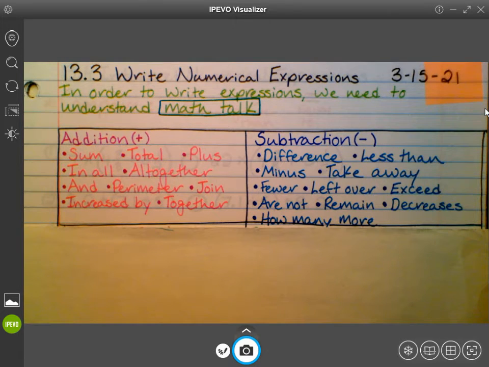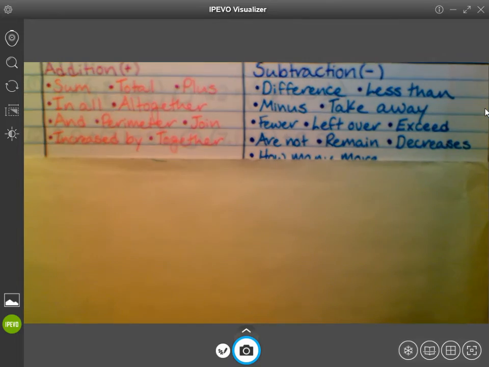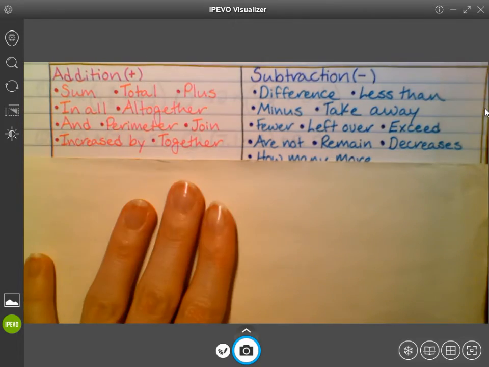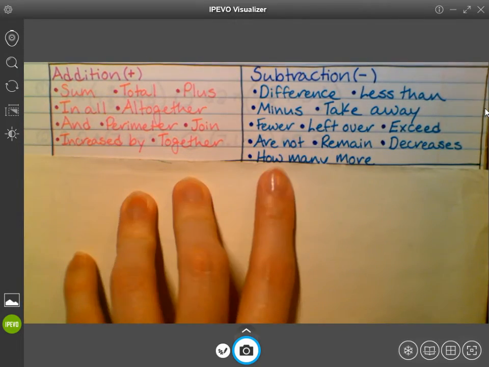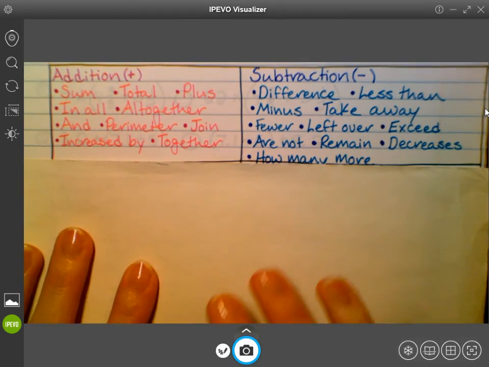All right. I'm going to scoot up my page a little bit. You'll still be able to see addition and subtraction, but I'm going to show you multiplication and division. So just like how there are words and phrases that give us a clue that we're subtracting or adding, we have the same thing for multiplying and dividing.